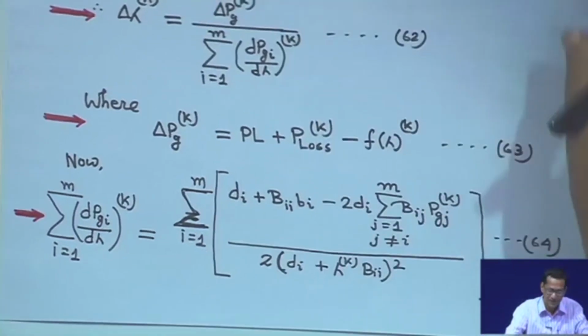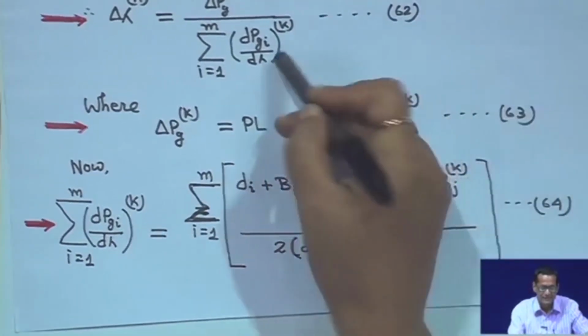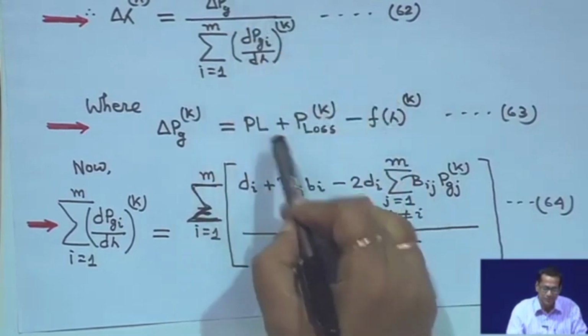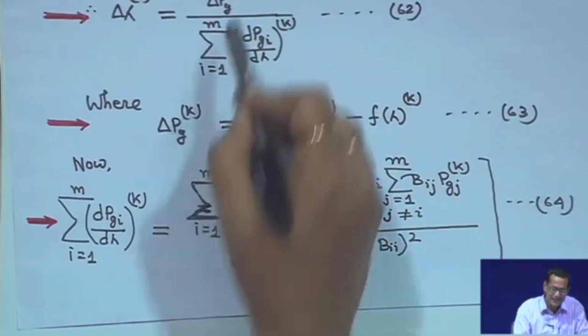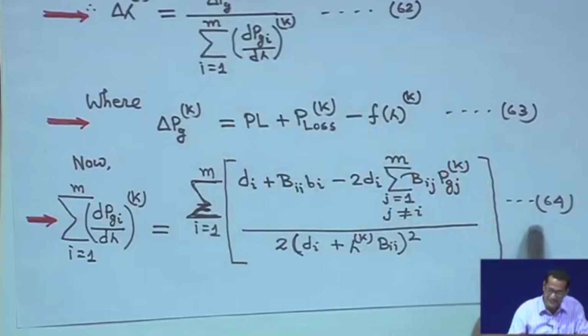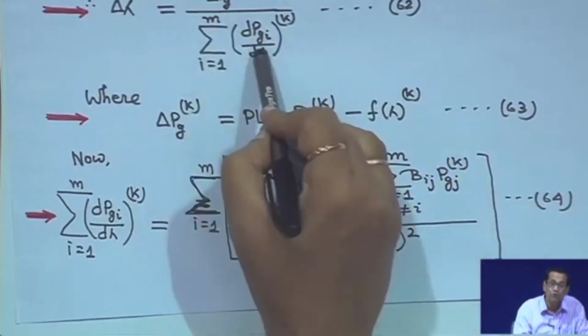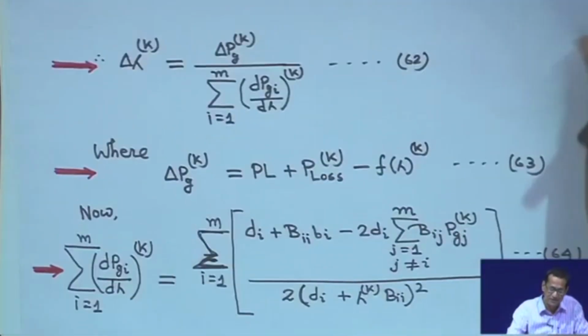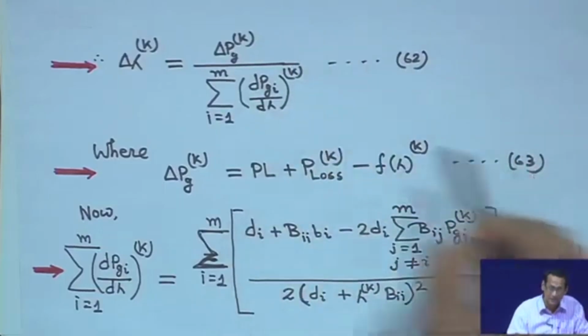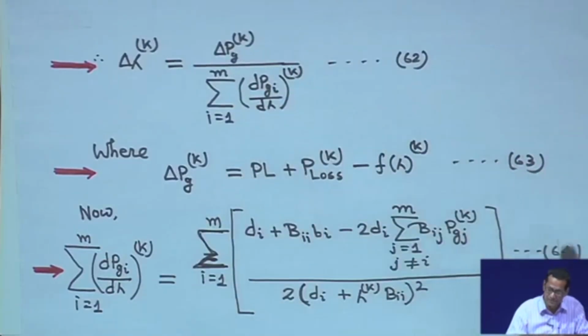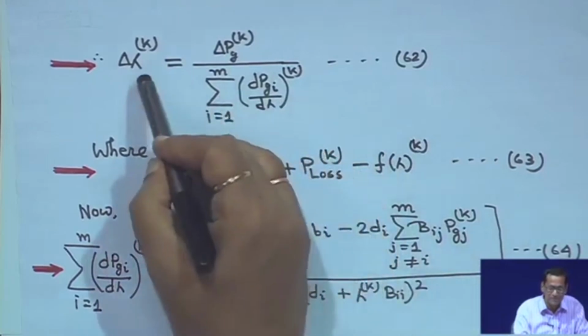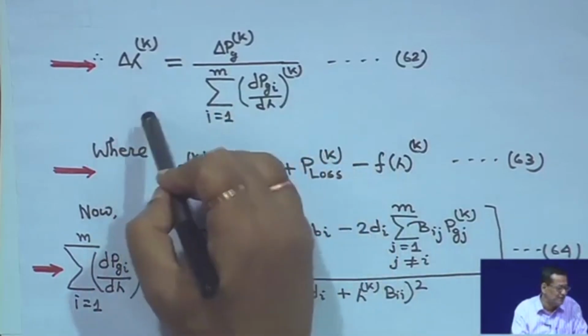That means this is known from equation 63, ΔPGk is known, and from 64 this is also known. That means you can easily compute Δλk in every iteration.